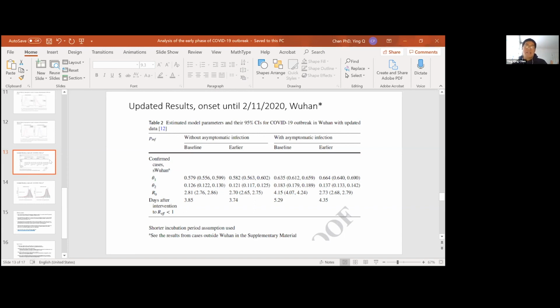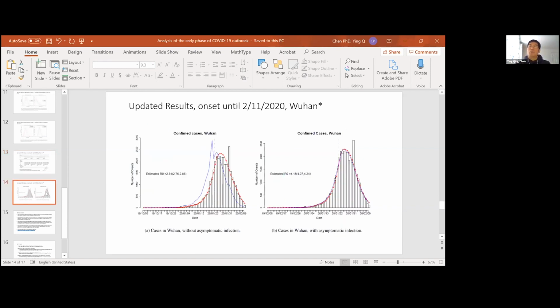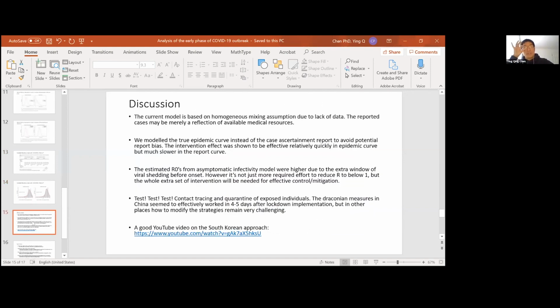Certainly the model assumptions can differ, which is an issue. But the other thing is, at that time, not many people realized asymptomatic transmission is such a big issue for the new virus. So now, if we want to model the new coronavirus, asymptomatic infections should definitely be part of the equation. And there are also some model estimation curves here. I will skip those because there are a lot of details in our manuscript.